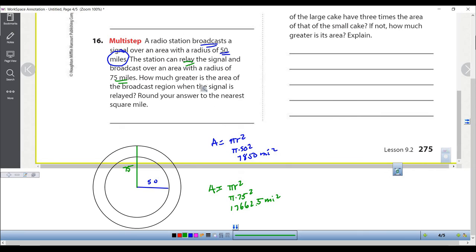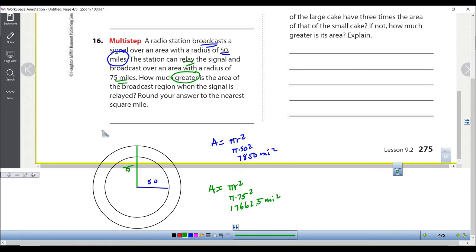All right, so the question was, how much greater is the relay region, that's the green one, than the original broadcast region, which is blue. So if you want to know how much greater, you're going to subtract, right?